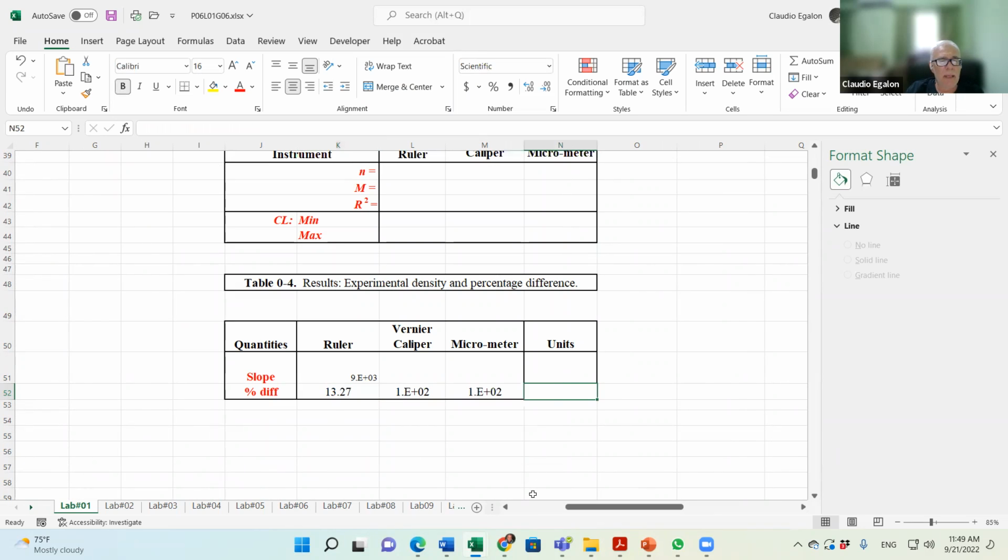And don't forget to put the unit here. Unit of the slope, unit of the percentage difference. Not bad, right? That's because it's the ruler, and it is very difficult to measure the diameter of a sphere with a ruler.